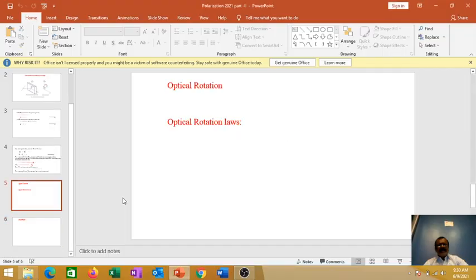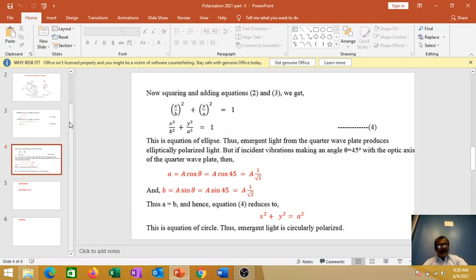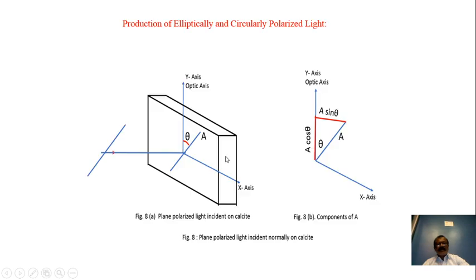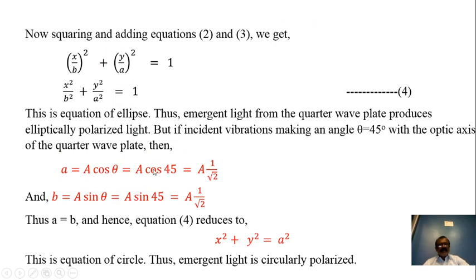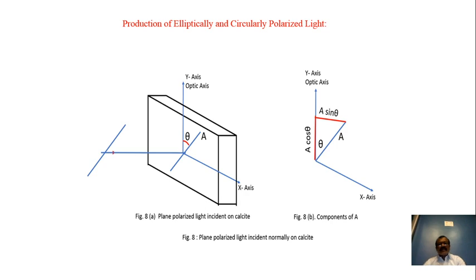Now suppose the angle of incidence theta is equal to 45 degree. Then what will happen to this value and this value?